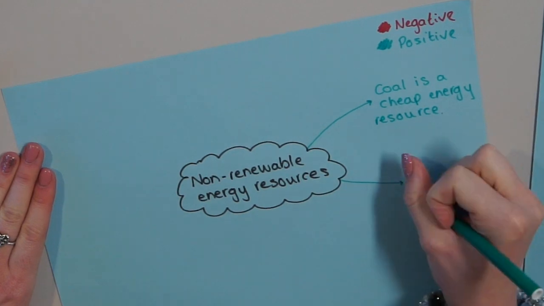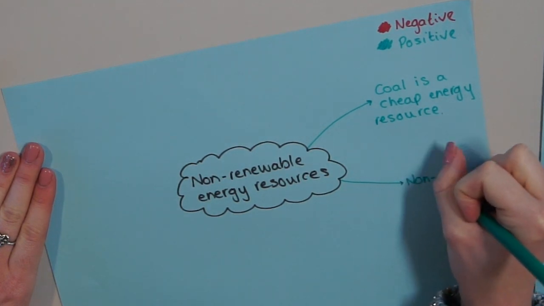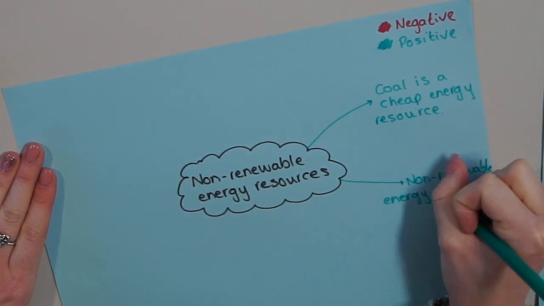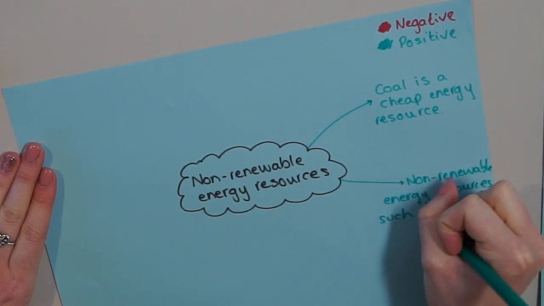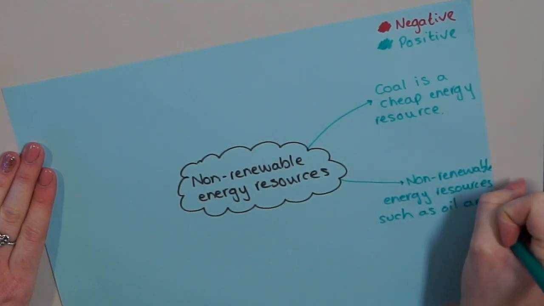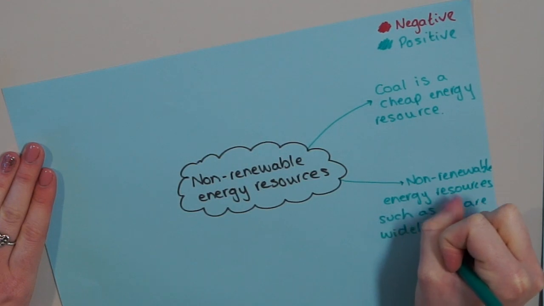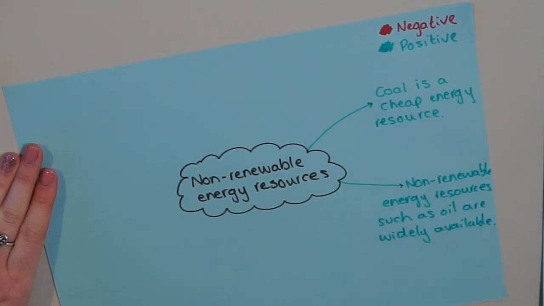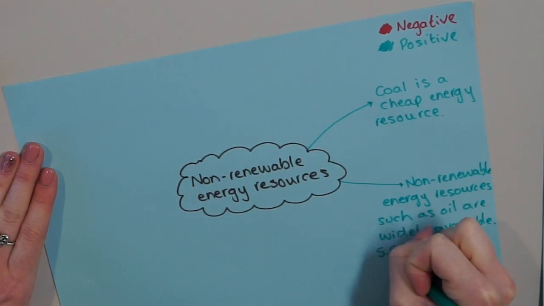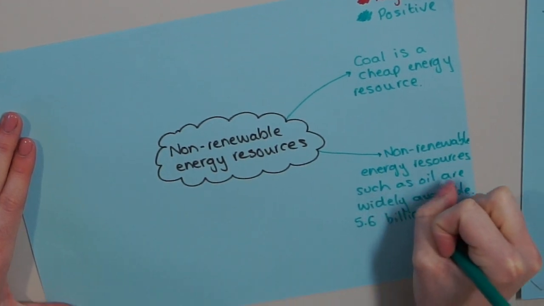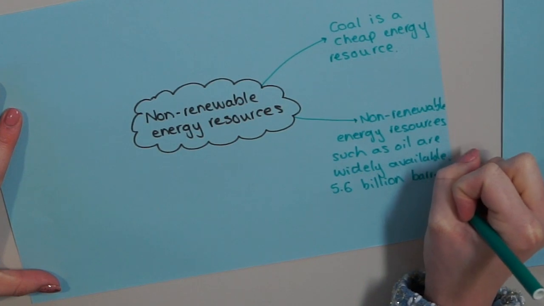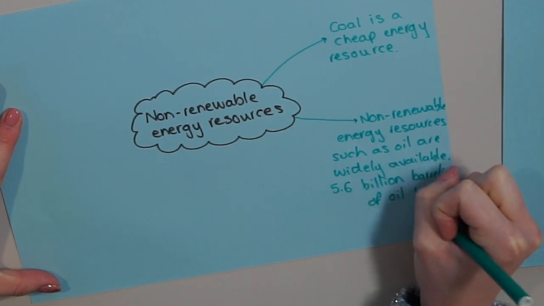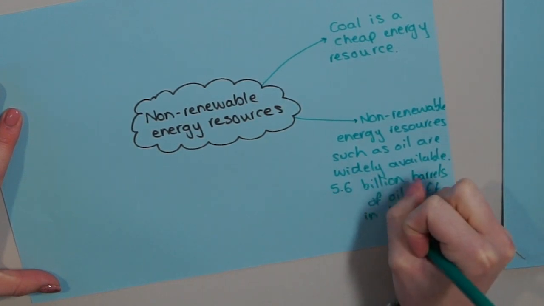Another positive is that non-renewable energy resources, such as oil, are widely available. I could then add a key fact onto the end of this. So there are 5.6 billion barrels of oil left in India.